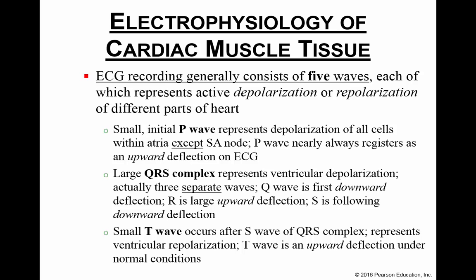Then you have this large QRS complex that shows the ventricles depolarizing, and it has 3 separate waves, Q, R, and S. And Q is going to be the first downward deflection, and then R is a large upward deflection, S is a downward deflection. And then you have a very small T wave that is when the ventricles repolarize. So it's an upward deflection, but it's not huge.